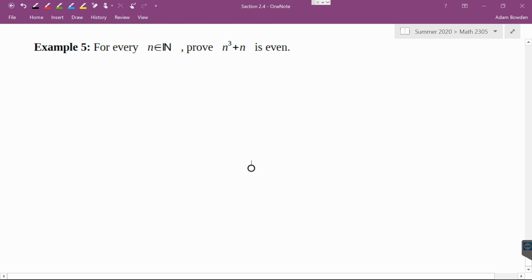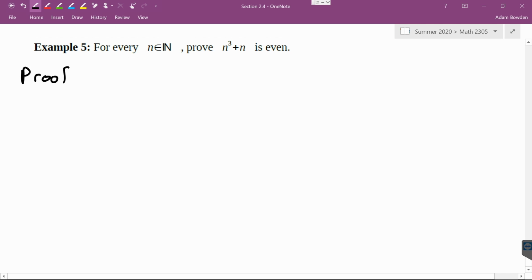Now, the last example of the section says, for every n in the natural numbers, prove that n cubed plus n is even. Okay, now anytime we're approaching a problem where we have to show that something is even or odd or a multiple of something or divisible by something, we most of the time are going to have to work in cases, since it can break down into different things depending on what kind of number we have in the natural numbers.